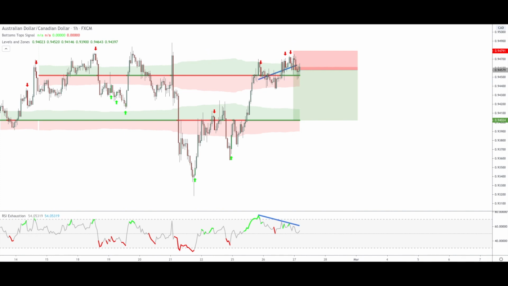Of course, we cannot be 100% sure until we are below this support level here, which was the only risk factor in this trade. But as I said, the RSI goes down, so from a technical point of view, it's good. We just need to be a bit more patient and see how this evolves.